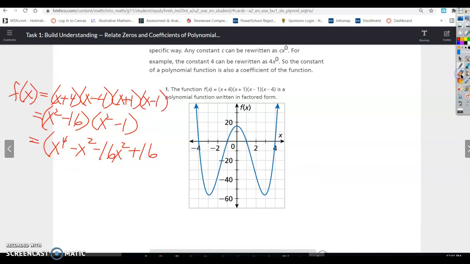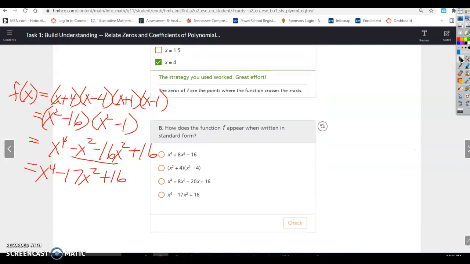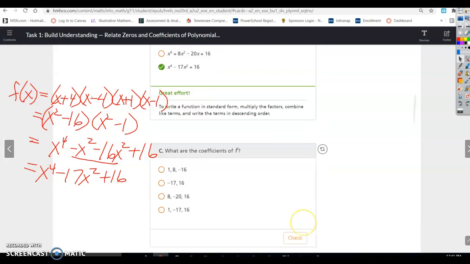So combine like terms. We have x to the 4th, minus 17x squared plus 16. All right, so you can multiply those together, and that puts it in standard form. So how does the function f appear when written in standard form? That would be this one right here.